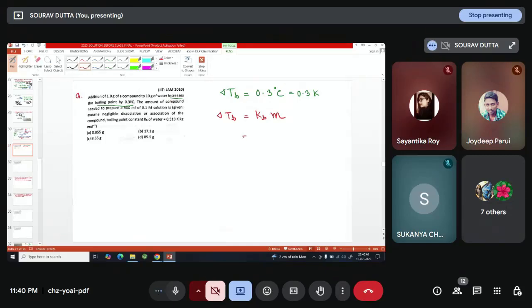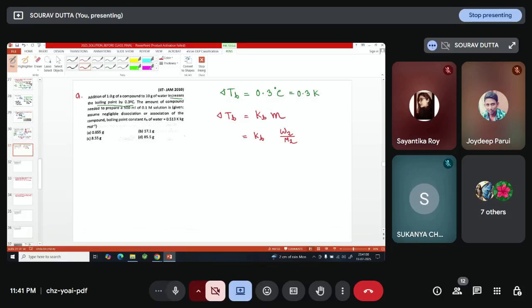Kb means molality, molality means moles of solute divided by mass of the solvent in kg, right? So we can write w2 by m2, that is the mole of solute.